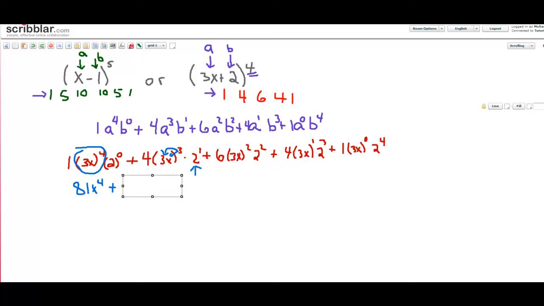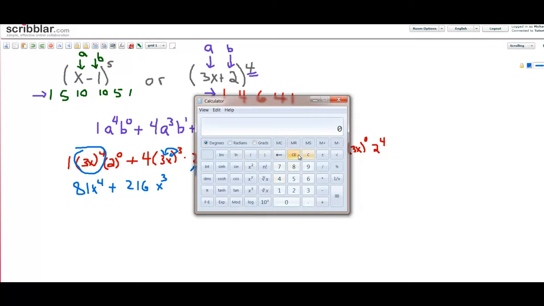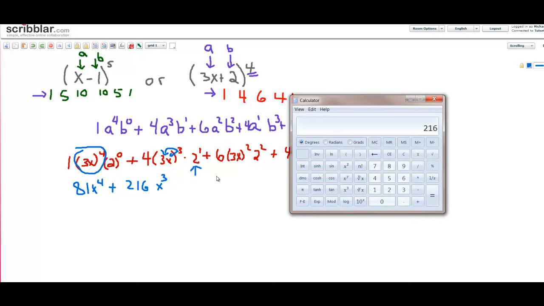So that's 216 x to the 3rd. To get to the 216, once again, we had 3 to the 3rd power, 3 times 3 times 3, times that extra coefficient, and then times the 2. So that's 216.